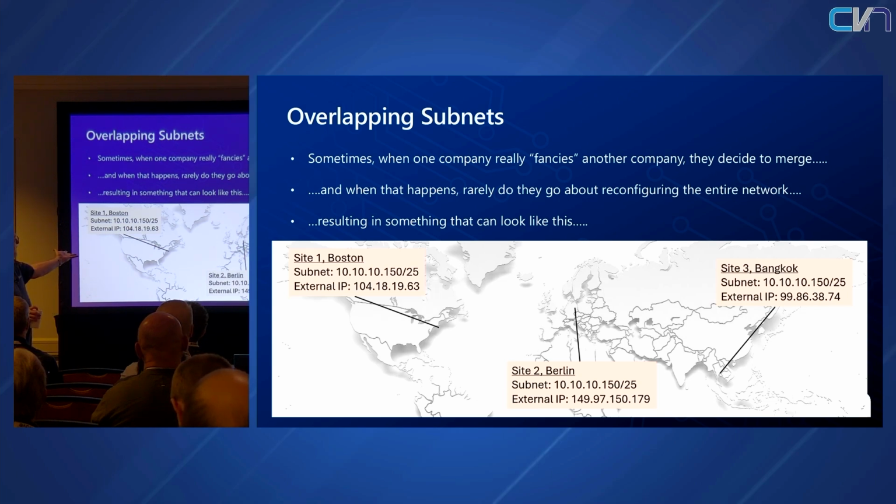And so you end up with scenarios like this, where I've got 3 different sites, Boston, Berlin, and Bangkok. They all have different external IPs. They're all connecting out to the internet using an egress point from that site, but within that site, they all have an equivalent subnet.